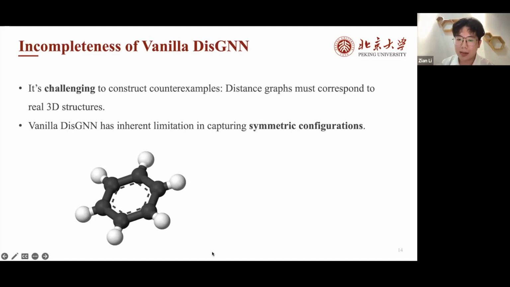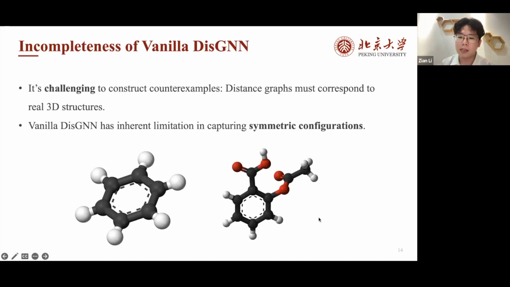It has a substructure which is benzene and 2 rings. So the inherent limitation to capture these symmetric structures rarely limits the performance of vanilla DisGNN in real-world tasks. So it can somehow explain the better performance of ShortNet in real-world tasks.